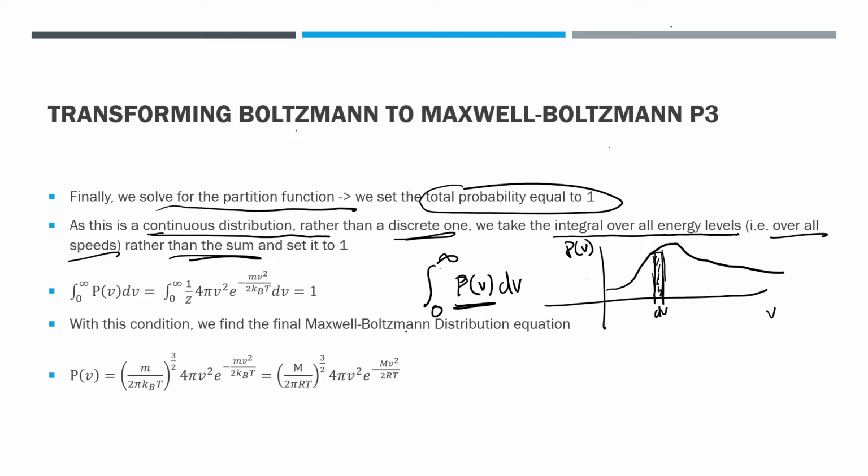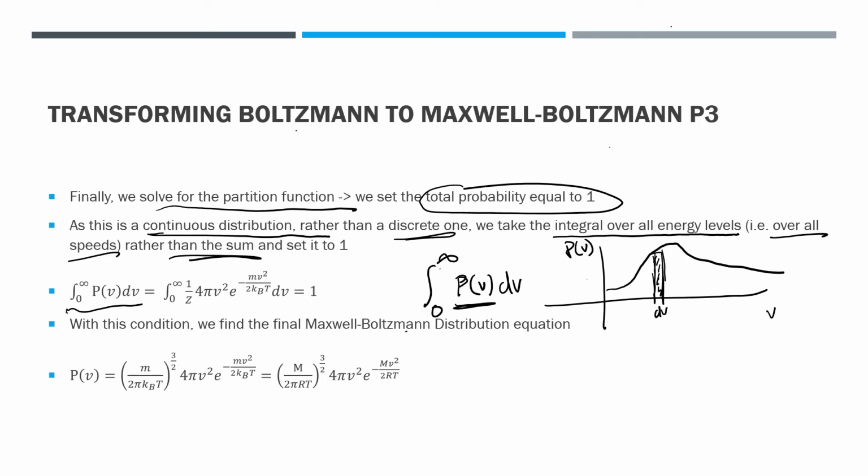I'm going to do this for all v from 0 to infinity. That gives me my total area under the curve, which essentially gives me the total probability, and we want this total area to equal 1. So that's what we're doing with this integral: we set the integral from 0 to infinity of p of v dv equal to 1.